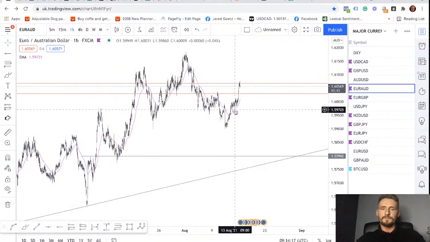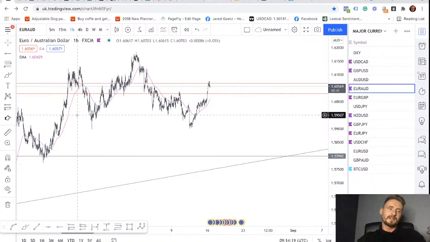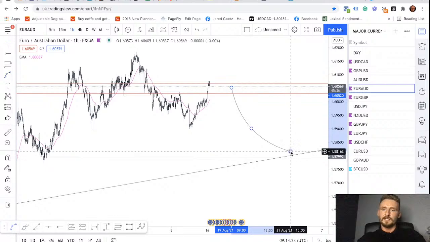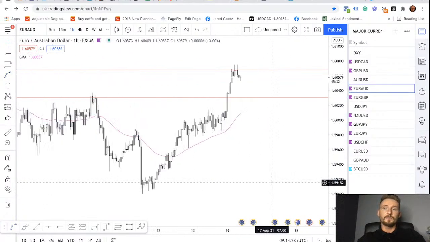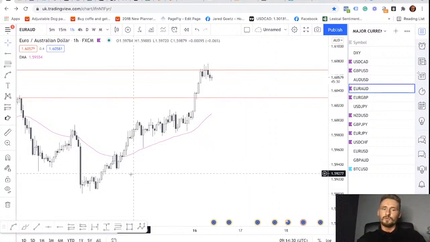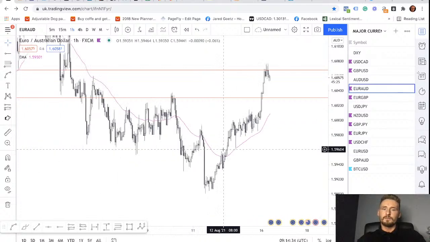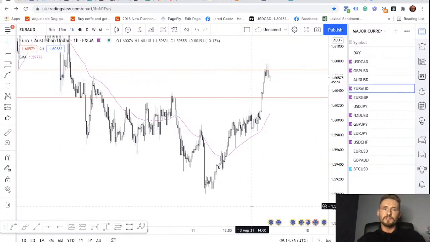But of course, if you are more experienced and you know what to look for, we could potentially get a counter trend trade. Right now, there's no signs to tell me that the counter trend trade is on. We're creating the higher highs and higher lows, and the momentum's there bullishly.